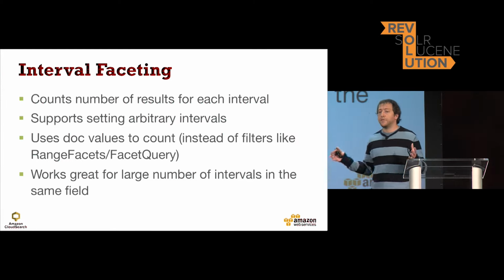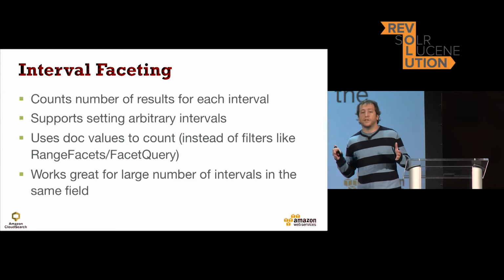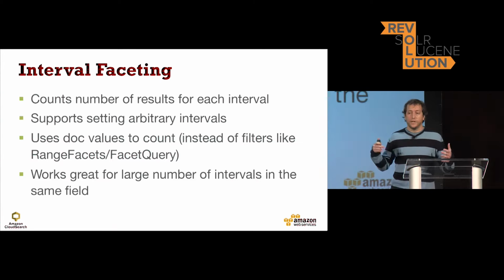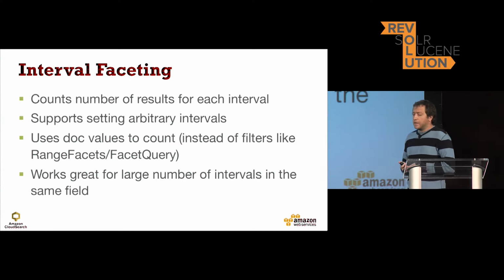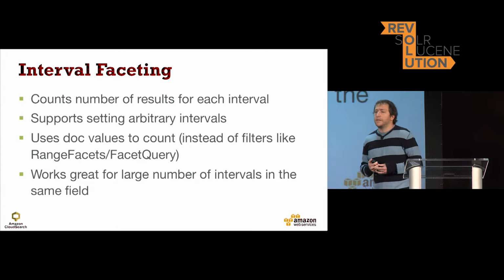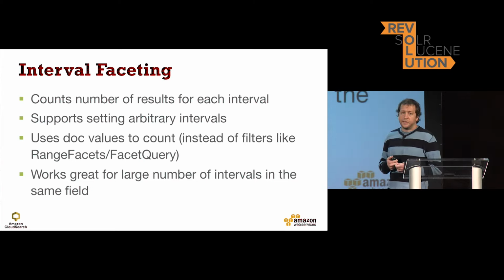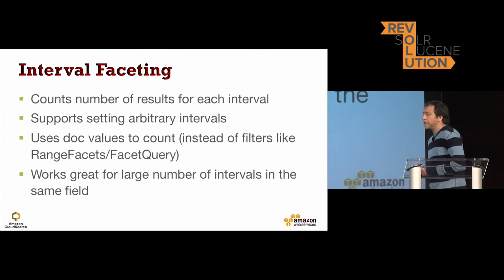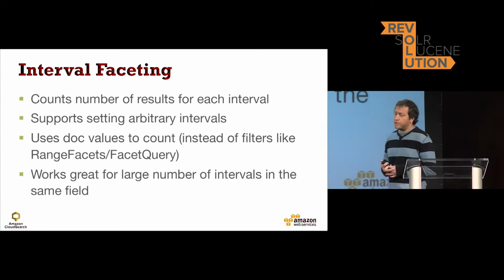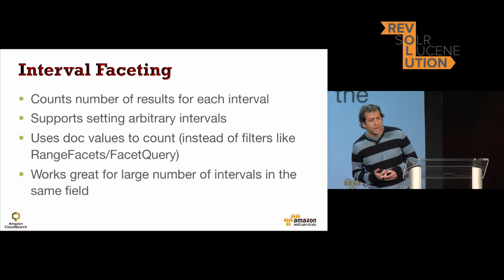So given a set of intervals, interval facet will count the number of documents that have at least one value in those intervals. So I was saying that the same functionality can be achieved by using facet queries, but the implementation is completely different. Facet queries and range facets both work in a similar way.